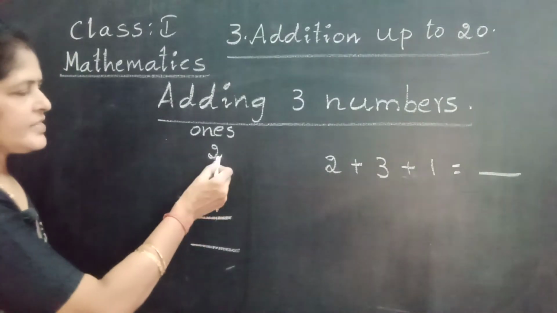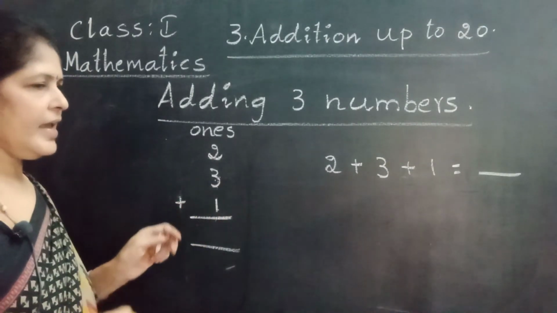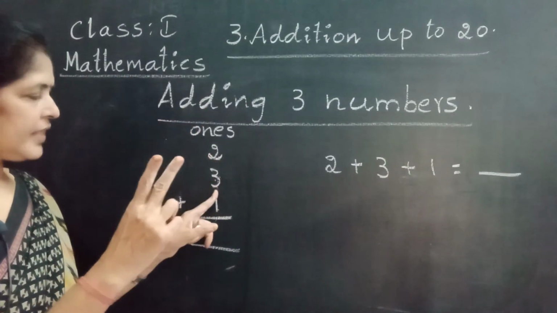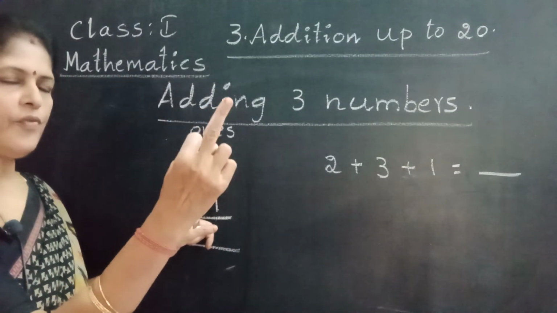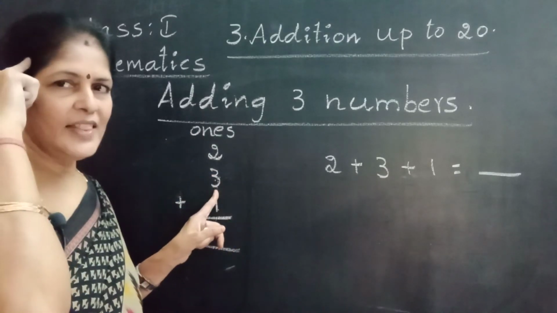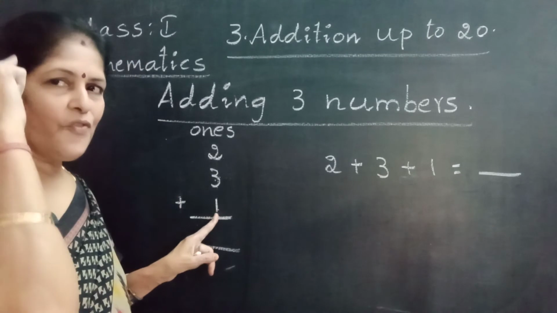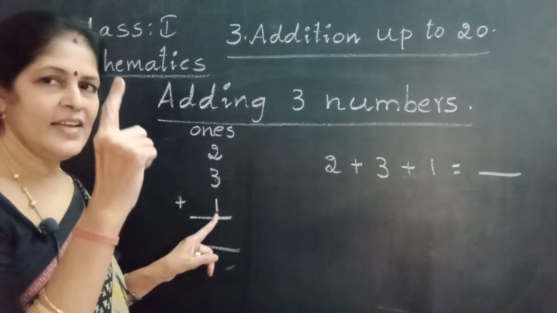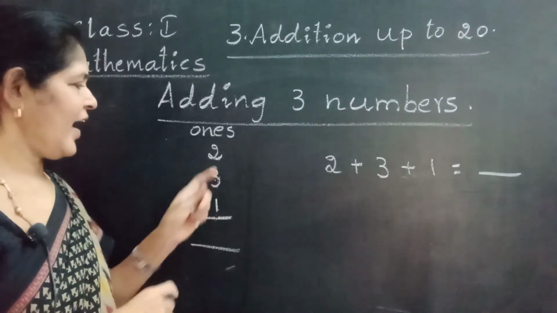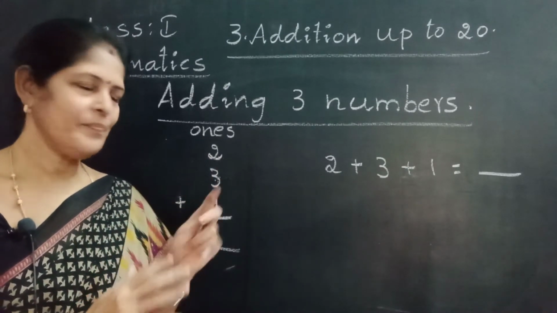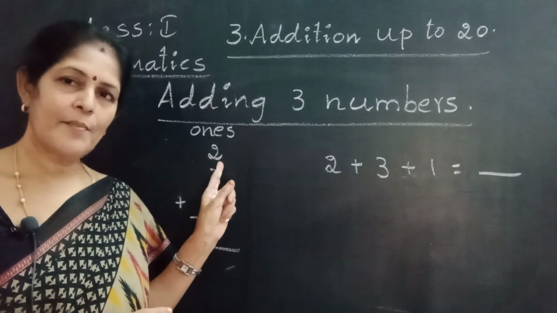Come on. First add these 2 numbers. Ready? Take 2 fingers. 3 after: 4, 5. 5 in the mind. Again take 1 finger. 5 after: 6. Very good. Again. Ready, my dear children? First number is 2.